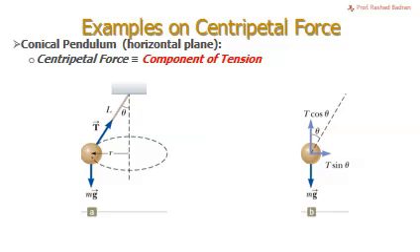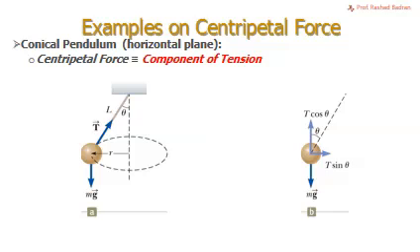Obviously here you can see that the centripetal force is going to be the component of the tension, as the tension will be resolved into two components, one perpendicular to the circle and one horizontal, towards the center of the circle along the radius.